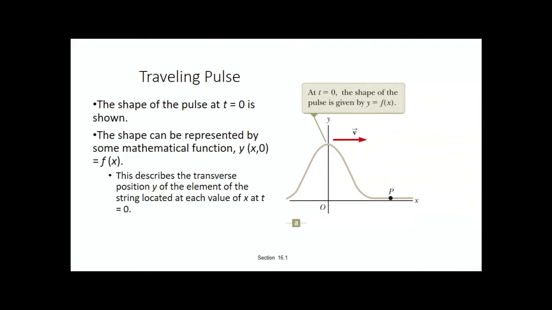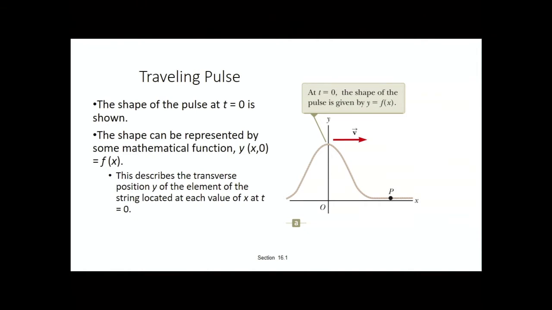So if I take that traveling pulse at time t equal to 0, I've got my pulse, I've got something that drives it, and I get it through the system. I can look at the motion of P as the wave travels through.